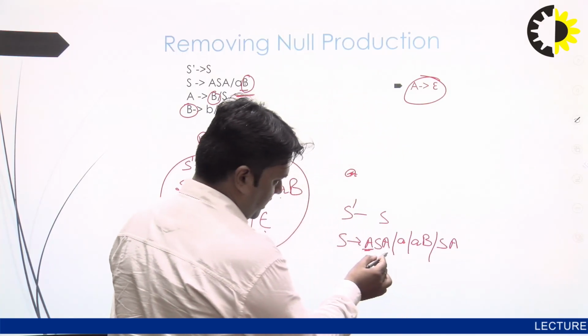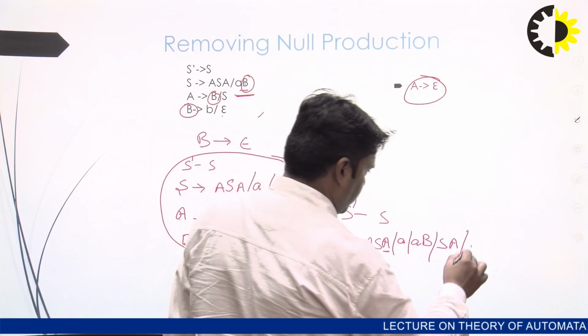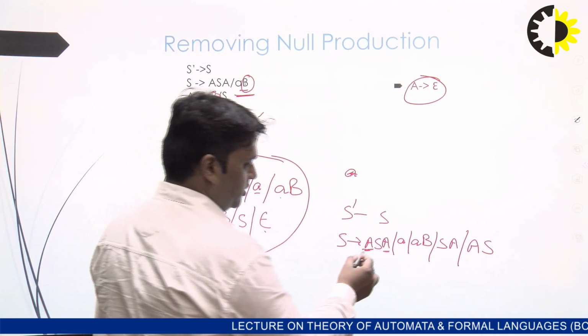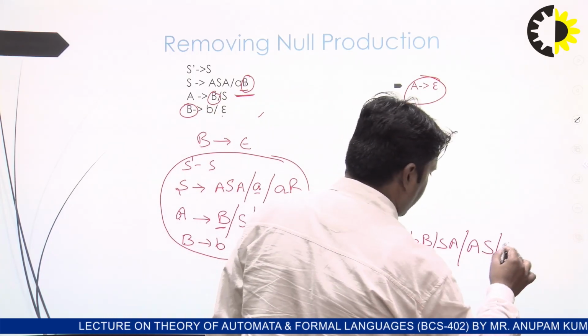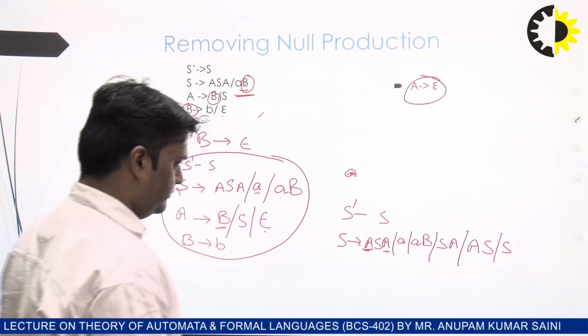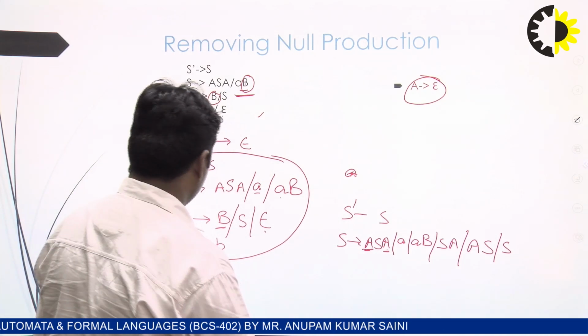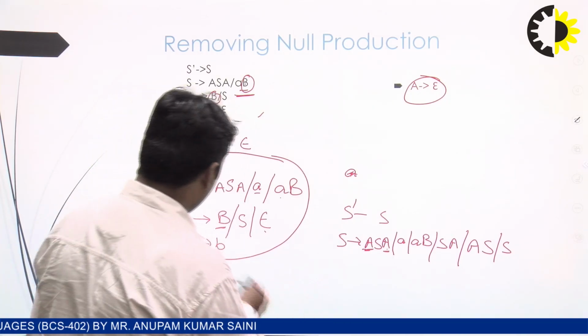If we put epsilon for this A, we get AS. If we put epsilon for both A, then we get S. Now it is complete.